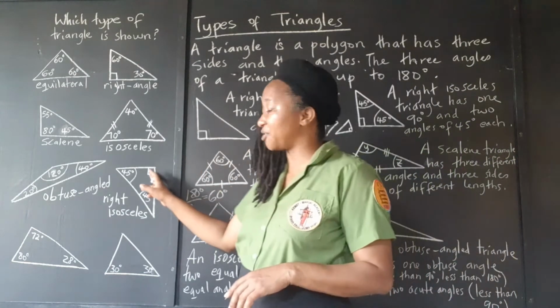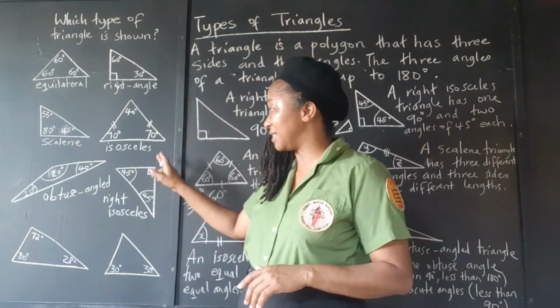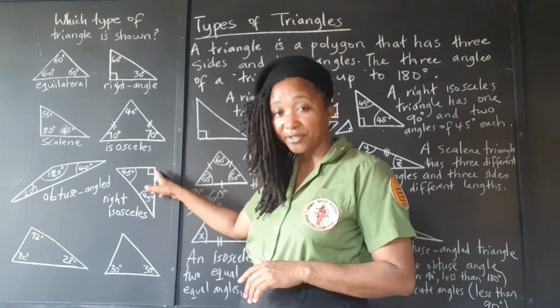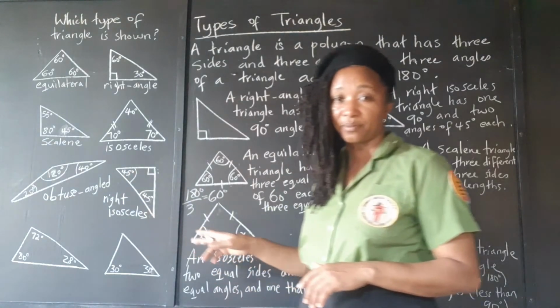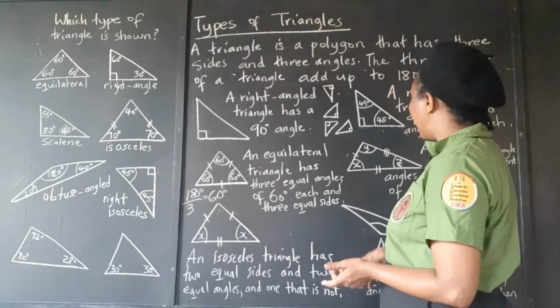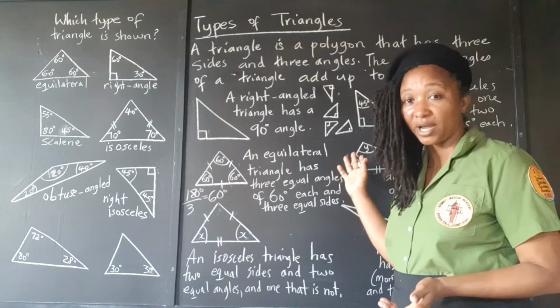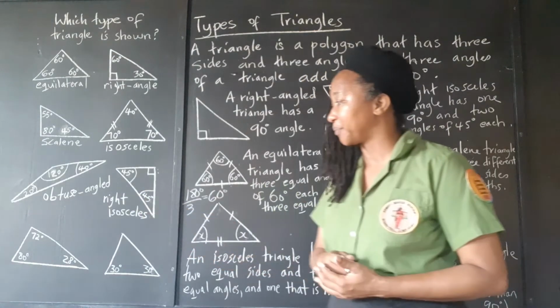It has a 90-degree angle, it must, because these two add to 90, so this must be 90. So it has the right angle and it has two equal angles. By definition, it's an isosceles. By definition, it's a right angle triangle. So it's a right isosceles triangle.